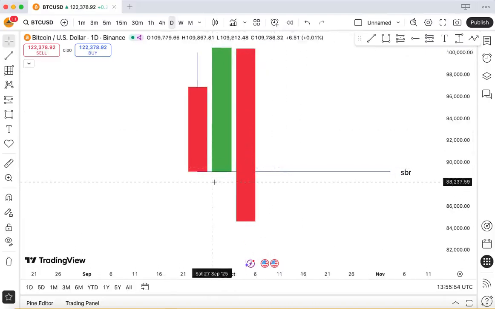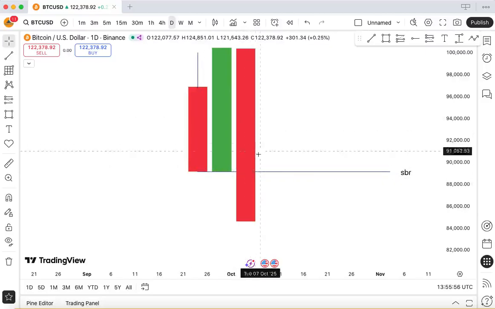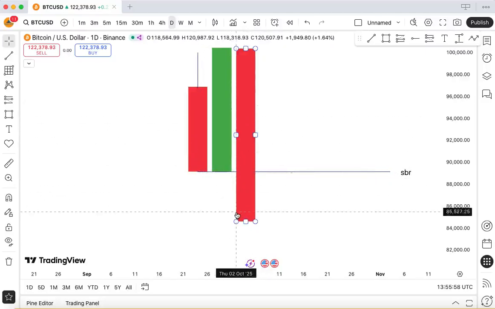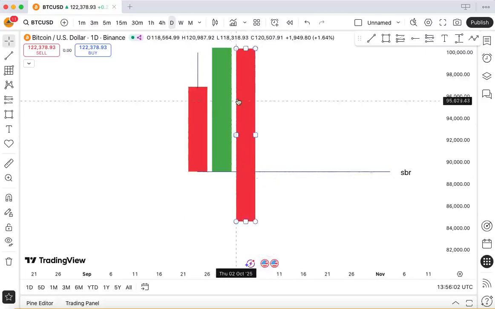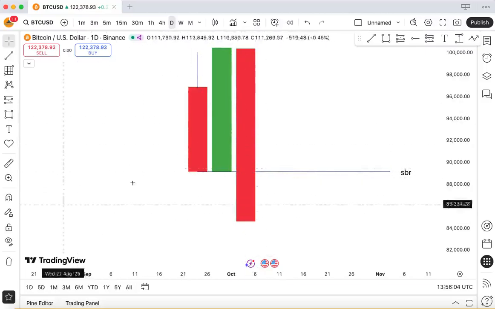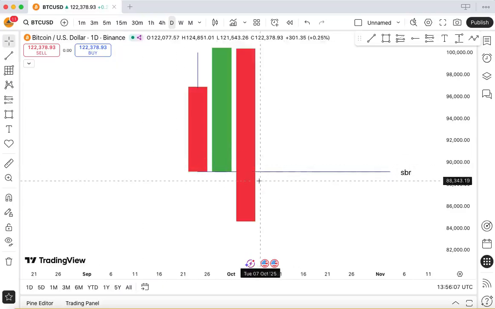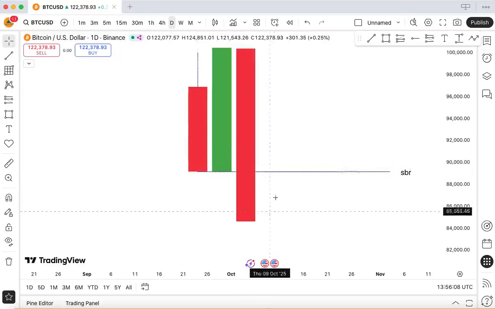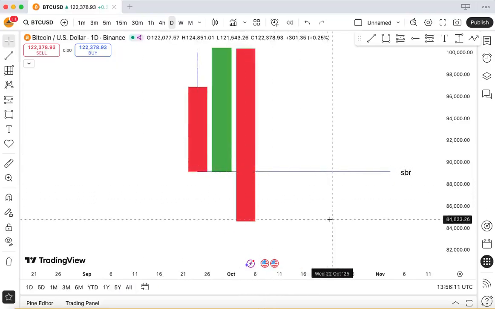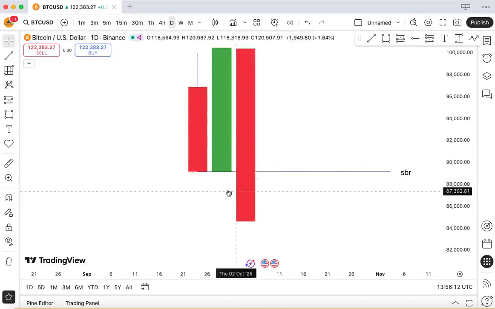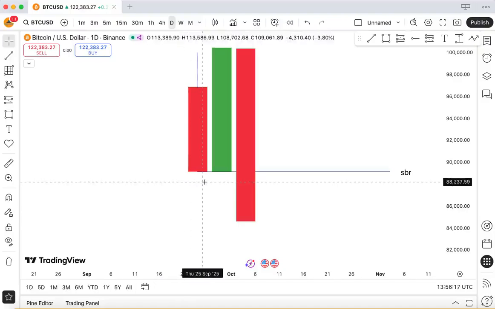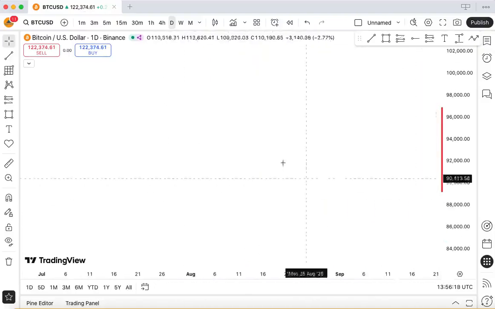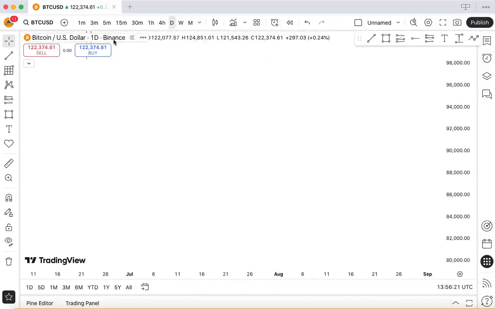Remember I said we buy from supports. Now a support has been broken, we can sell from it. Once it is broken, it changes its state from a support level to a resistance level. So this is how an SBR looks. It is not different from an RBS, it is just the opposite.